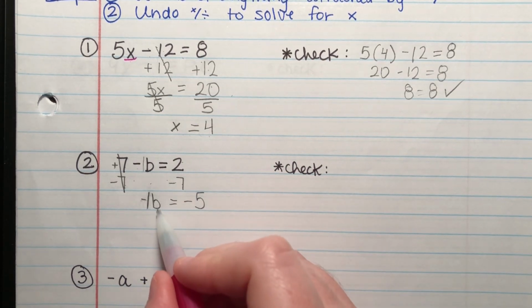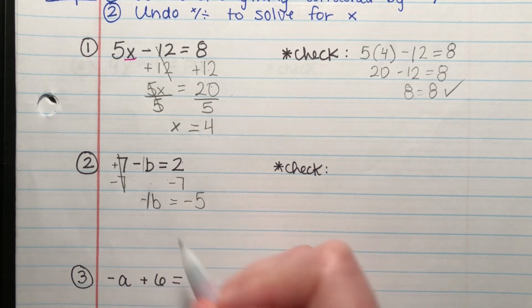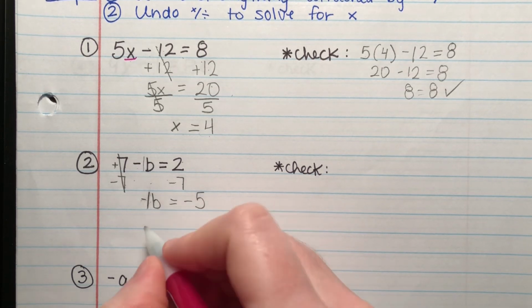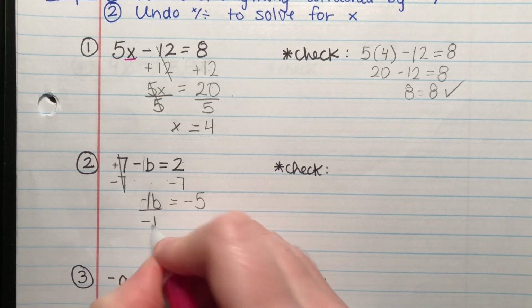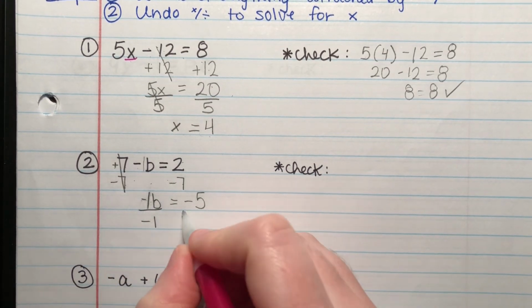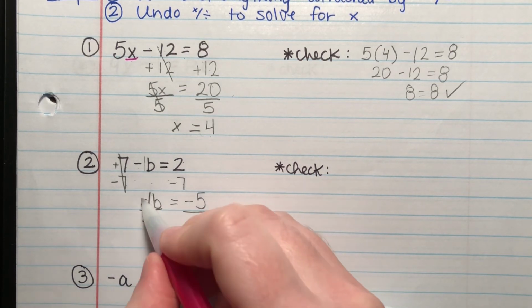So since this is negative 1b, how are these two connected? Well, negative 1 times b is negative 1b, right? How do I undo multiplication? I divide it. All right? So I undid the multiplication by division.